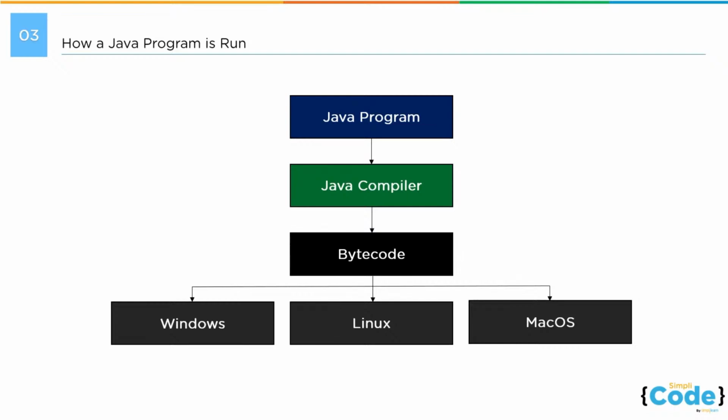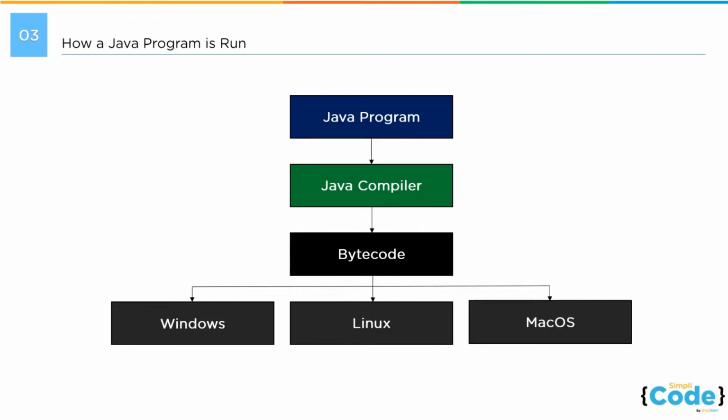To give you some more context, the first two steps where you write your Java program and you compile your Java program can be run on any machine. Let's take the example that you ran these two steps on a Windows machine. So you write your program and you compile your program on a Windows machine, which generated a .class file. Then you transported this .class file to a Linux machine and it also worked there.